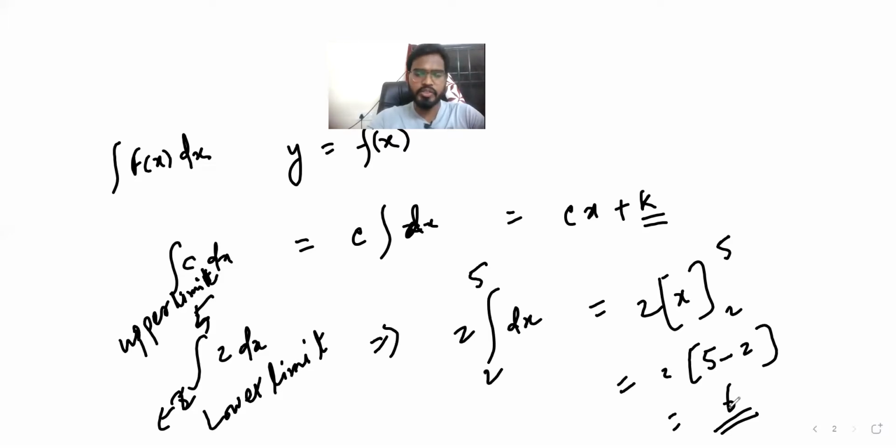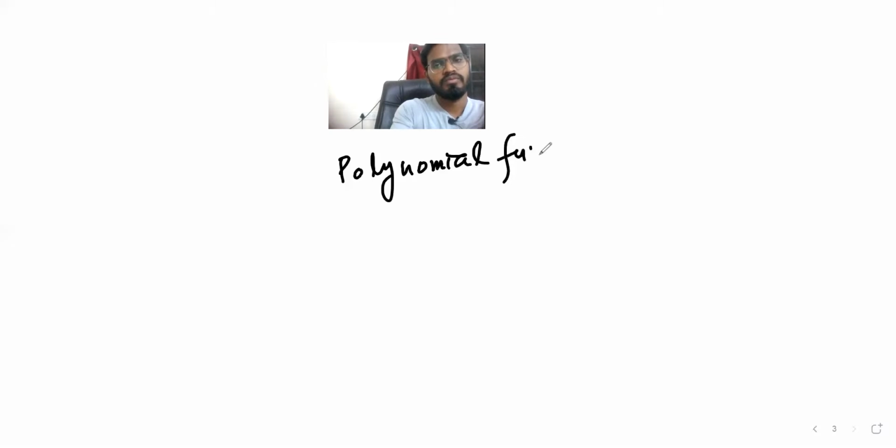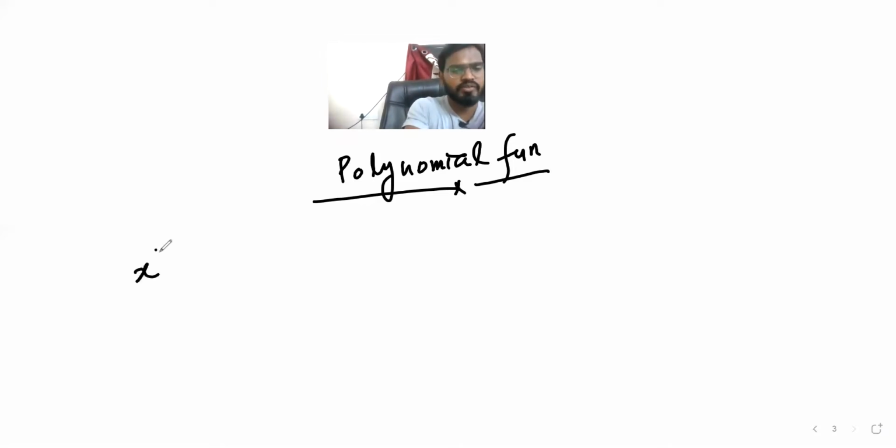Let's see, now we are going to do the polynomial function. For the polynomial function, there we had done x to the power n, so here also we'll do x to the power n integration.